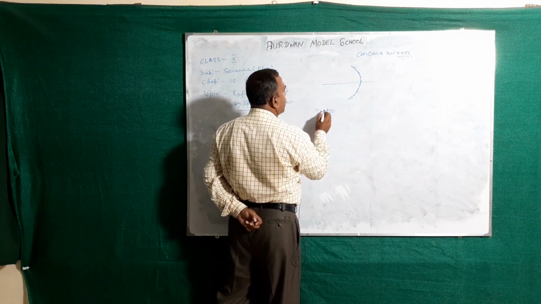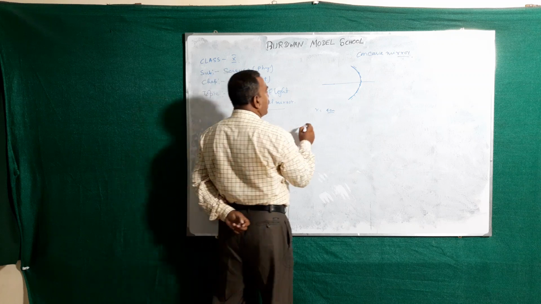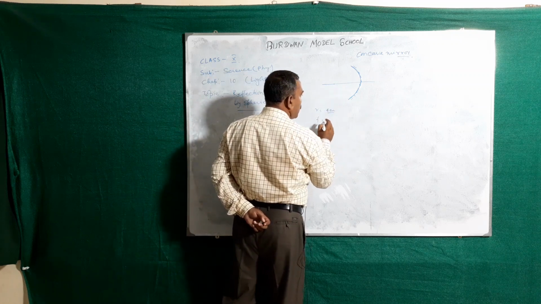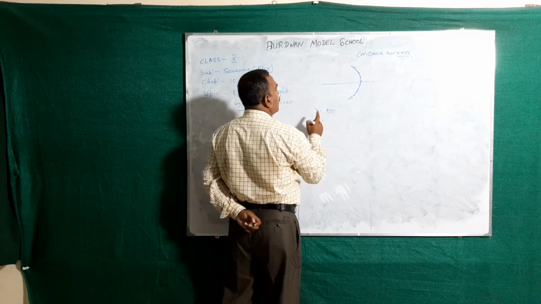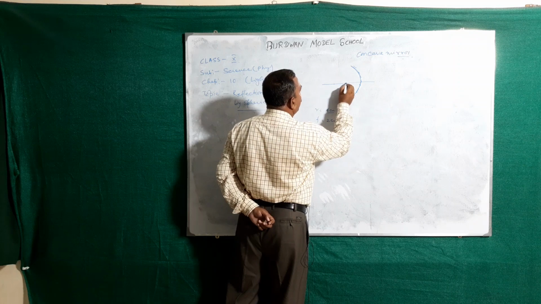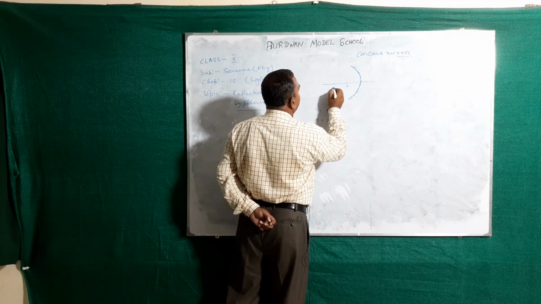So the value of R equals 4 centimeter. That means the value of f, f means focal length, is half of the radius, 2 centimeter. So you indicate here the 2 centimeter distance with the help of the scale.